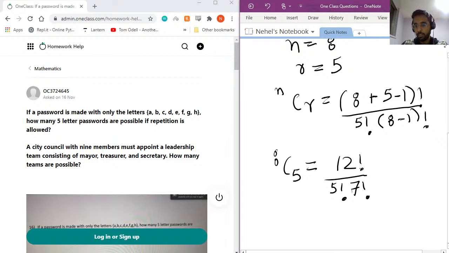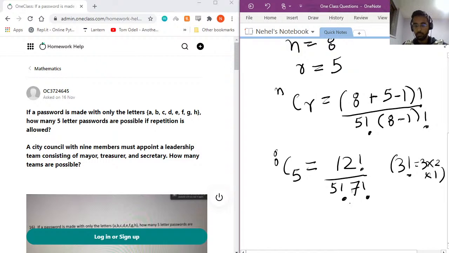I'm sure all of you are familiar with the concept of a factorial, but in case some of you aren't, factorial is essentially the number multiplied by all the numbers starting from that number down to 1. So basically what that means is 3 factorial would be equal to 3 times 2 times 1.